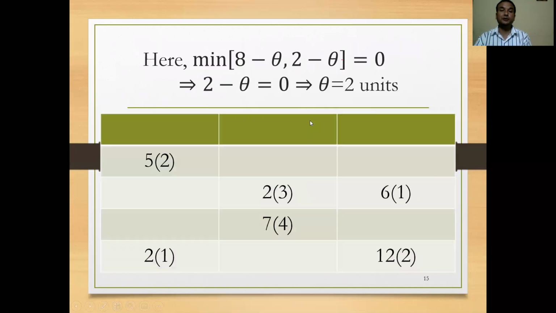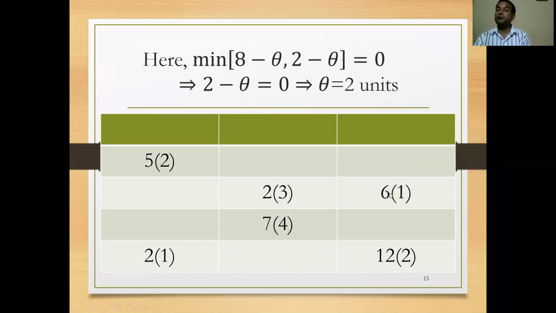After getting theta equals 2, we subtract this 2 from the cell. So these are independent cells, nothing to do. And here we added theta, the value of theta is 2, therefore we allocate 2 here.